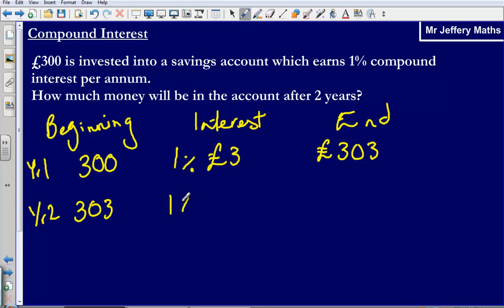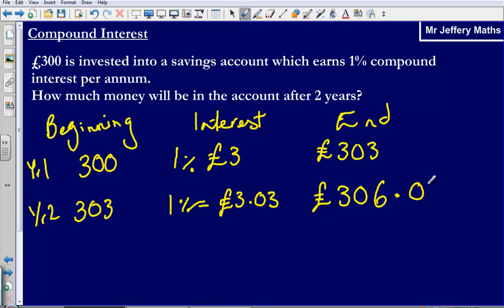So my 1% this time round is going to be 303 divided by 100, which is going to give me £3 and 3p. So adding that on to the amount that I've got here, that's going to give me an amount of £306 and 3p. So how much will be in the account after 2 years? My answer here is going to be £306 and 3p.